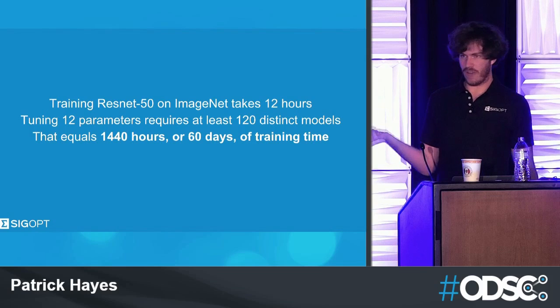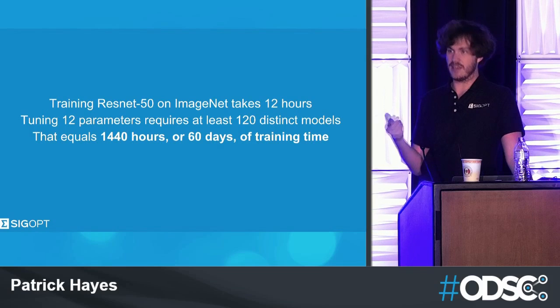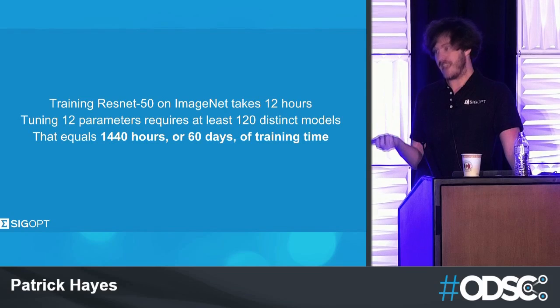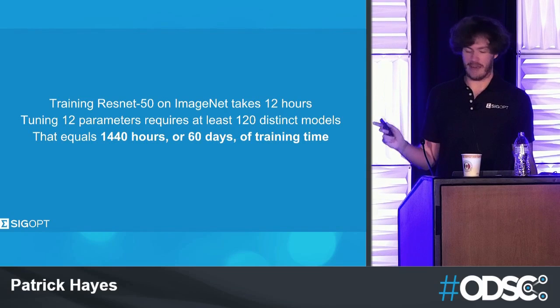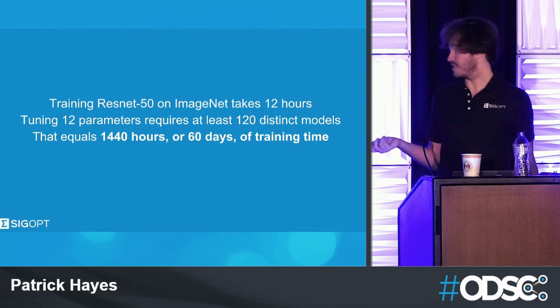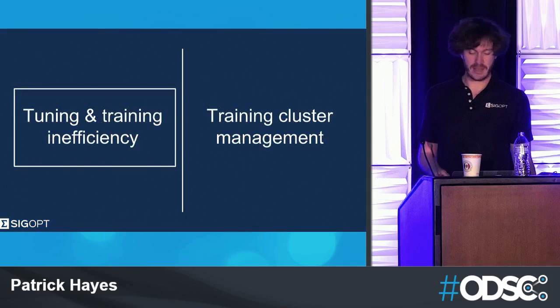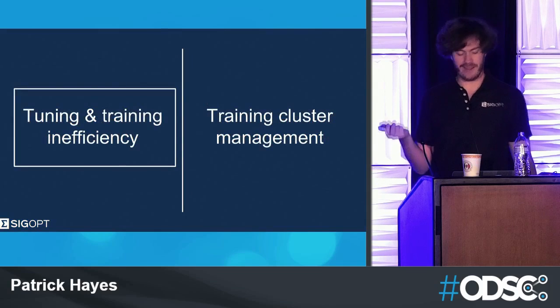If this model has 12 hyperparameters, with standard techniques, you'd need to train at least 120 instances of your model in order to find one that you expect to perform well. So in total, you're looking at about 60 days of total compute time just to get to one version of your model that you're happy with. This is obviously really expensive, so the question is, can we do better? The spoiler alert is that yes, we can.